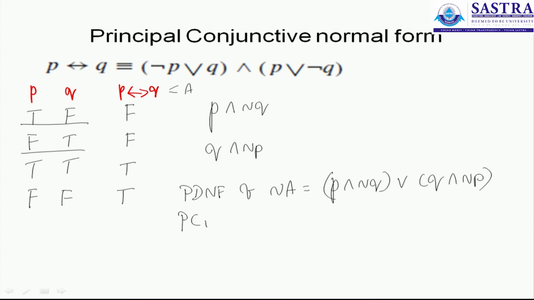How do you find the required PCNF? PCNF of A is just the same, but you will just do the dual of it. How do you do the dual? We have already discussed this.